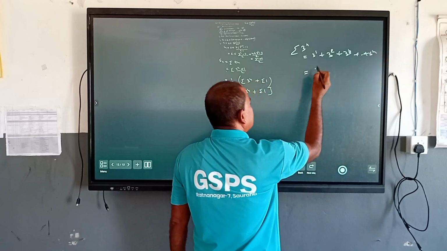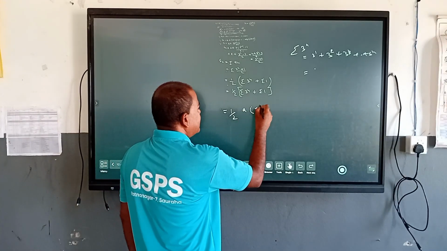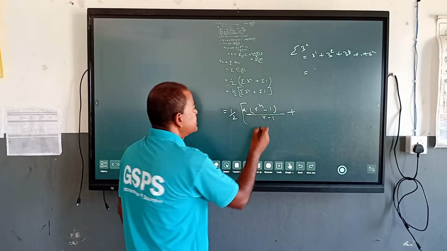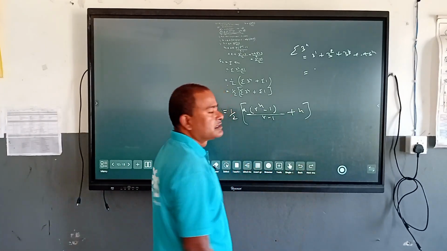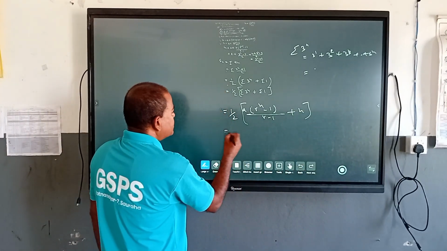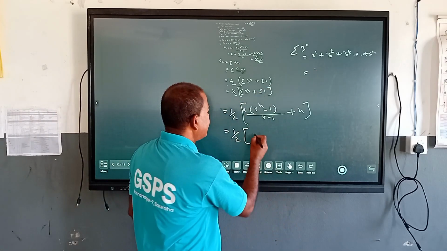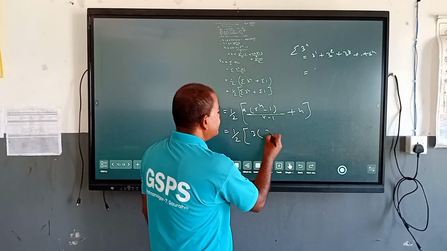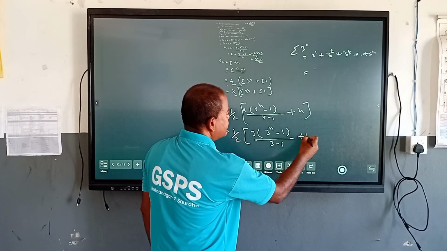So dear students, we know that the sum of a geometric series is a times r to the power n minus 1 divided by r minus 1, plus summation 1 means n. We can write it as 1 by 2 times that. A means the first term is 3. The common ratio is t2 by t1, that means again we get 3, so 3 power n minus 1 over 3 minus 1, which is 2, plus n.